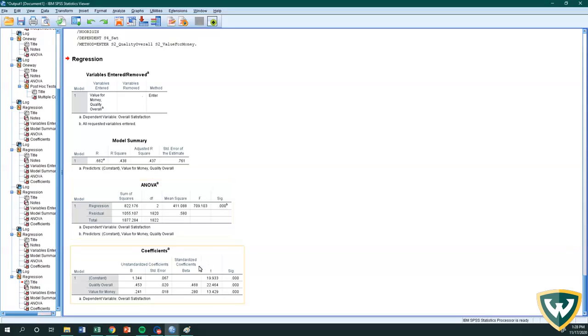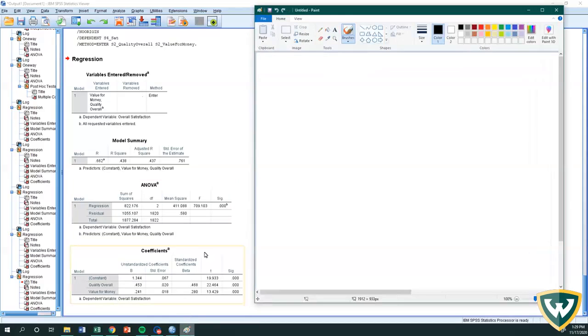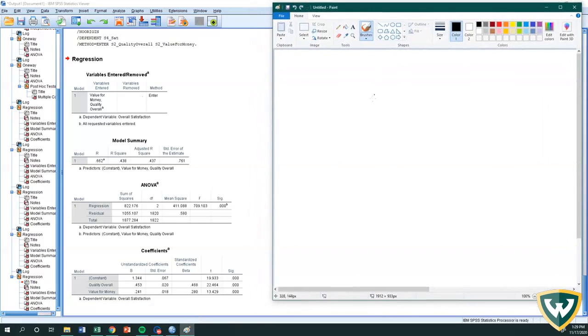Now, lastly, I see a coefficients table right here, and let me go ahead and try to visualize that coefficients table for you. All of my coefficients are statistically significant, as you see here in the sig observed p-value column over here.